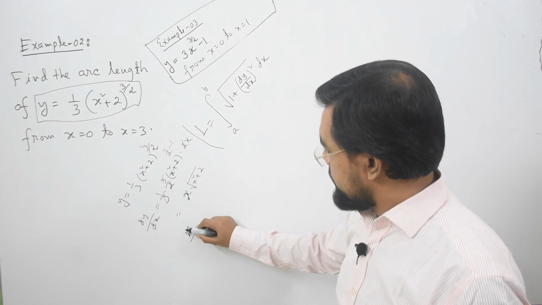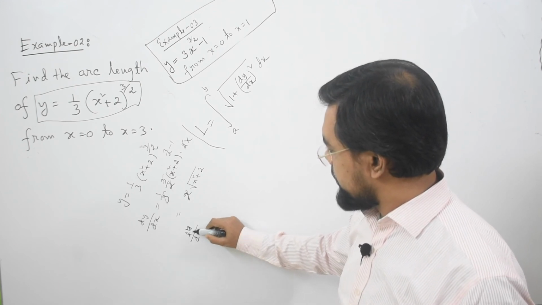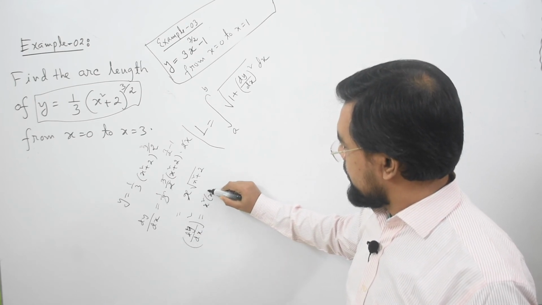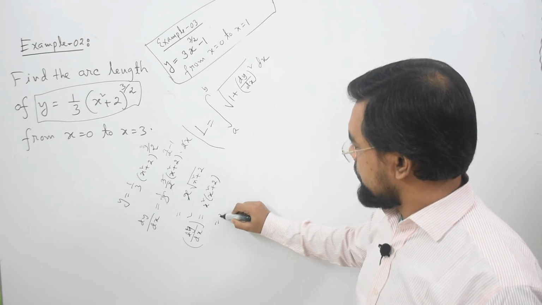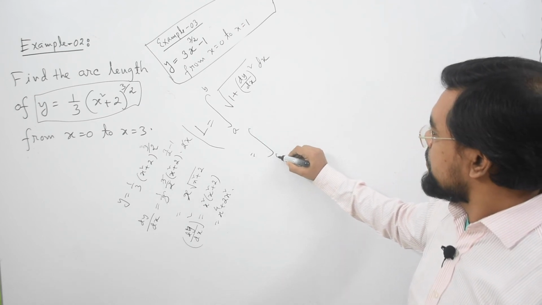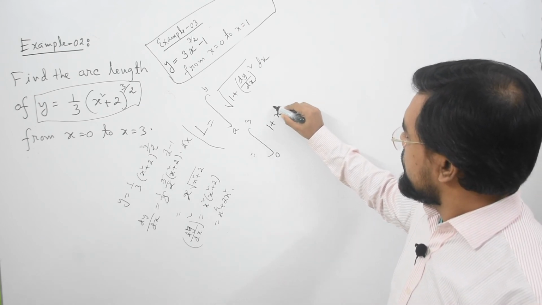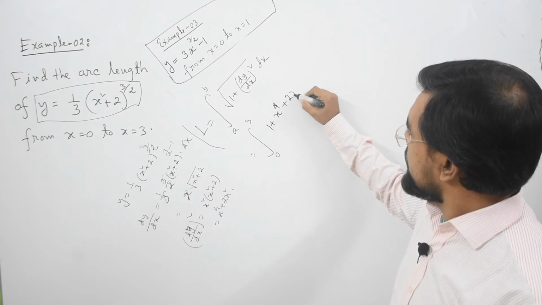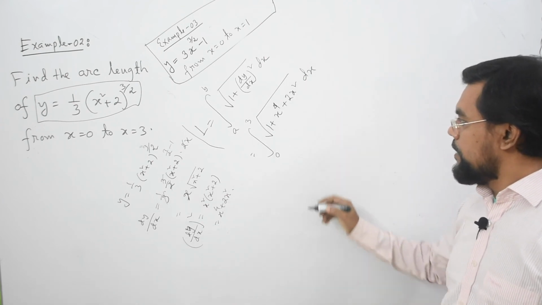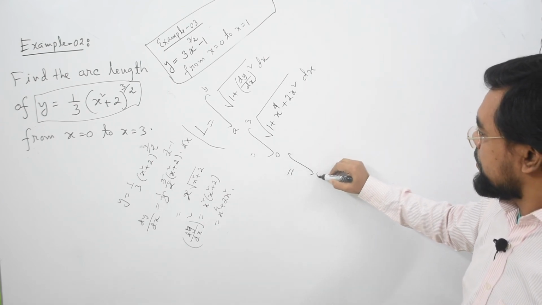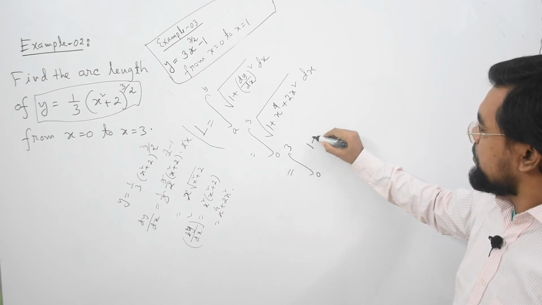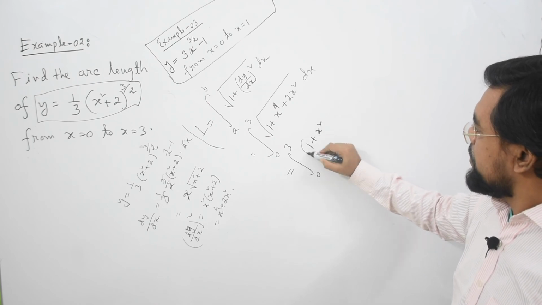So the derivative of y with respect to x, we need the square, x square times x square plus 2, this equals x to the power 4 plus 2x square. Now we can put it here, 0 to 3, square root of 1 plus x to the power 4 plus 2x square dx. So how can we integrate it? We can write this one as 1 plus x squared whole square.